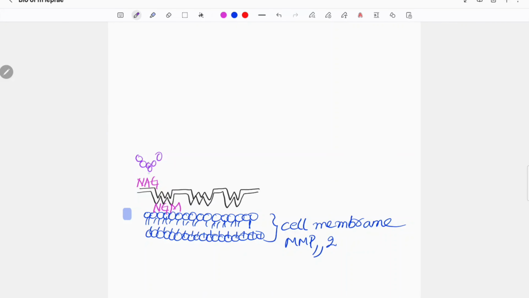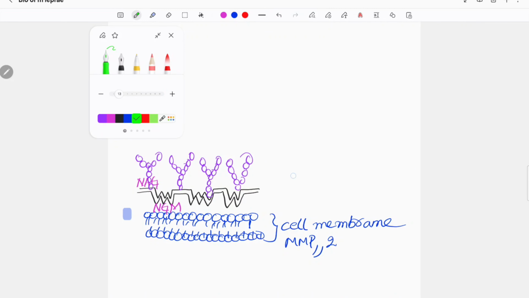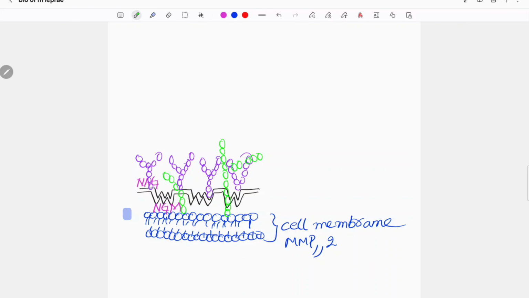Arabinine and galactan are known as arabinogalactan. I am drawing arabinogalactan now. What is left over? Lipomannan. This is lipoarabinomannan. It extends from the cell membrane to the electron dense zone.